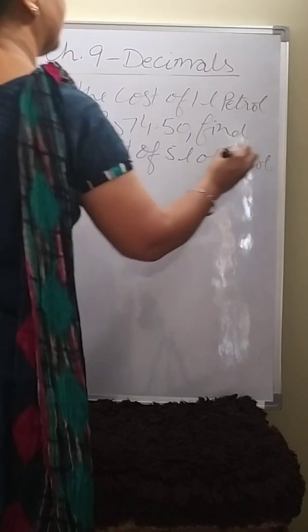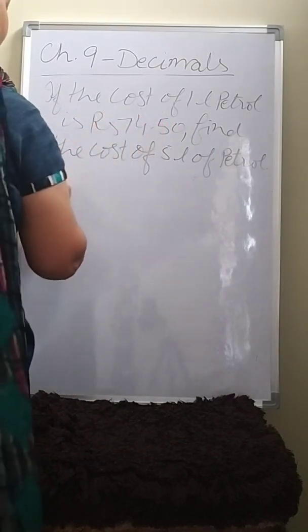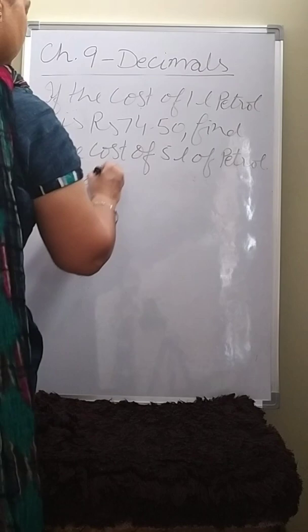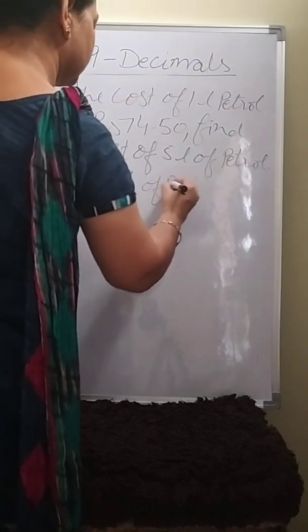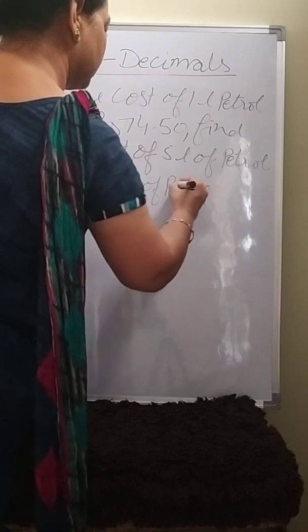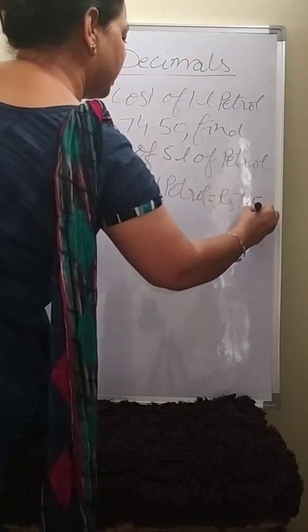From the statement it's clear that the sum is of multiply. We are given the cost of 1 liter of petrol, rupees 74.50.